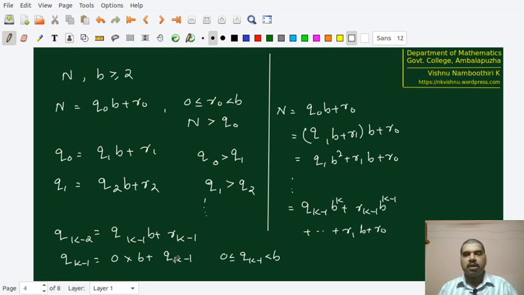Therefore, we are continuously using the division theorem and performing divisions, and we are taking only the remainders for representing the natural number n in base b. So we are using only the division theorem for performing the representation of n in base b.